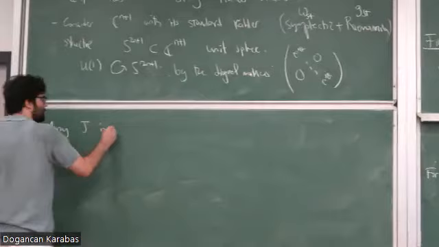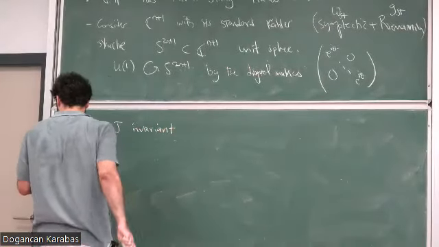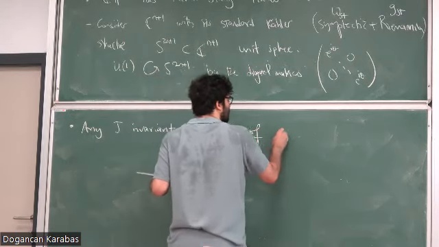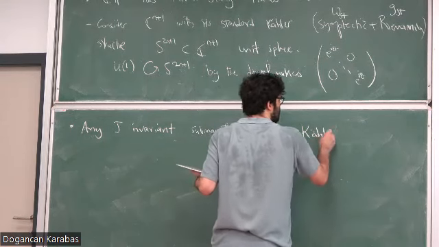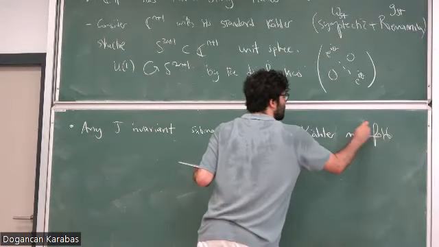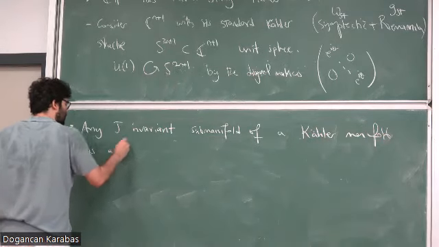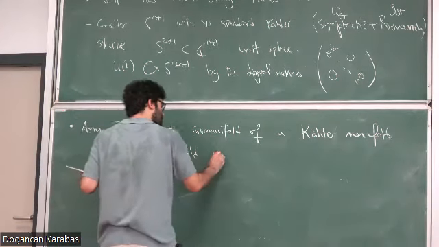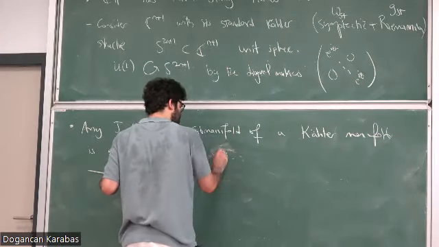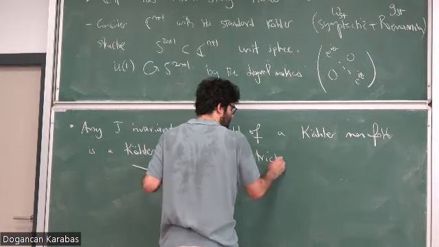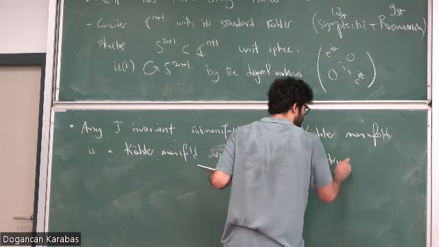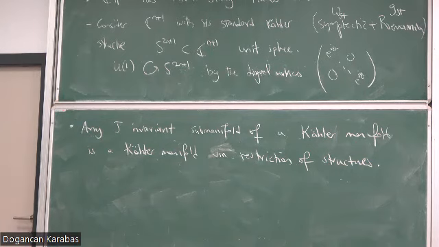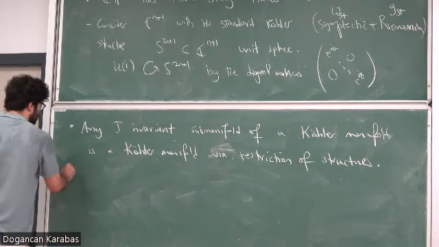Any J invariant submanifold of a Kähler manifold is also a Kähler manifold with restriction via restriction of structures. Okay, so now let me give you sub-examples of this example.